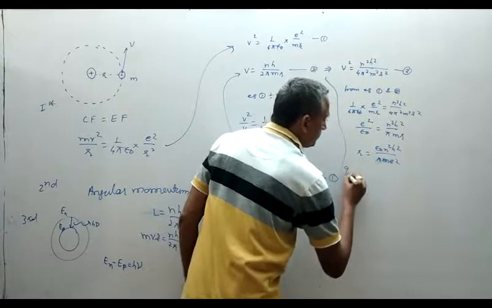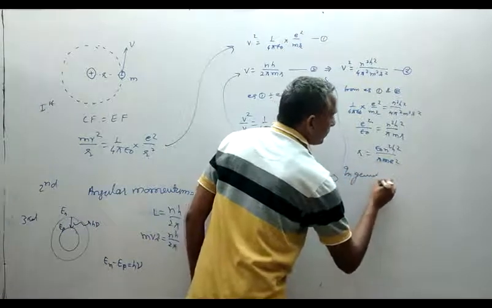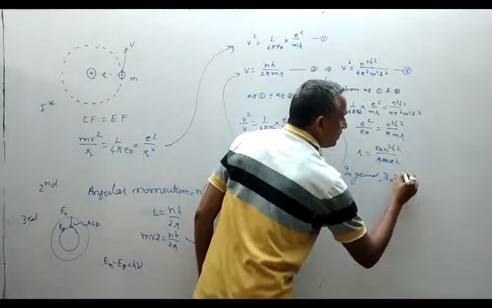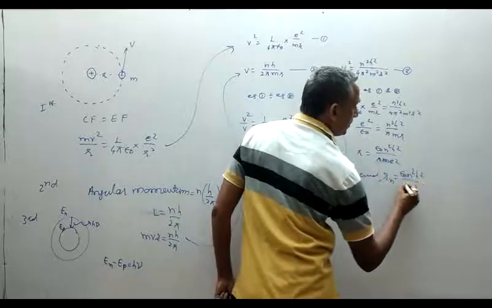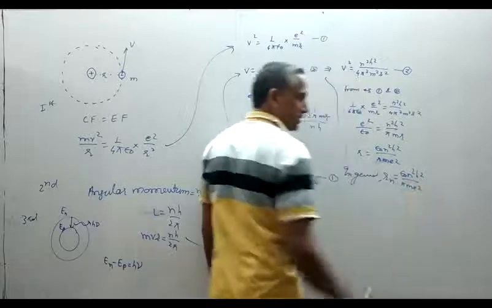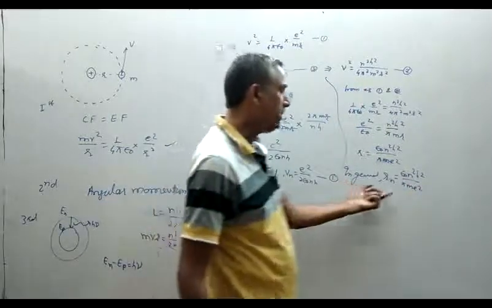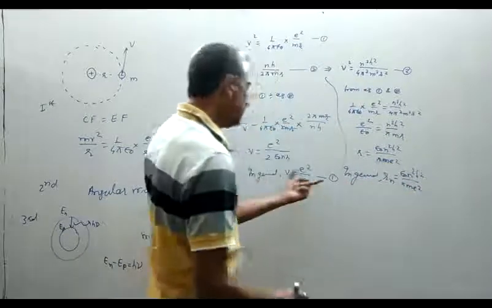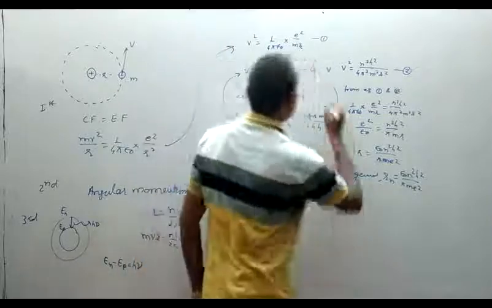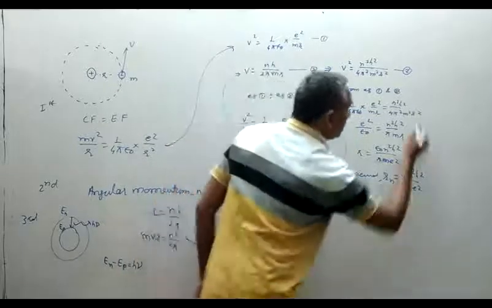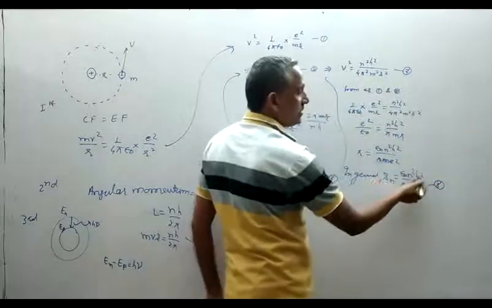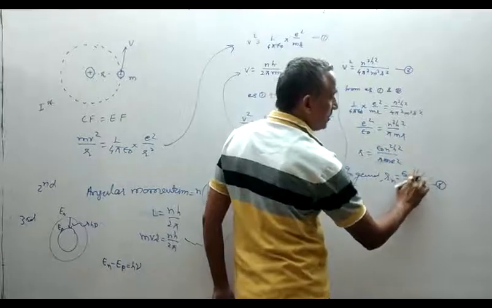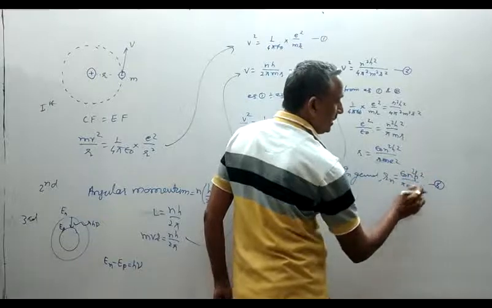So in general, the radius of electron in nth Bohr's orbit is equal to epsilon 0 n square h square upon pi m e square. From equation 1 and 2, this is equation number 3. Here epsilon 0, h, pi, m and e are constant.